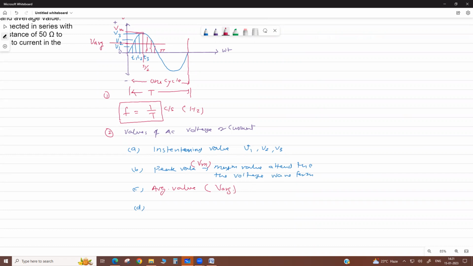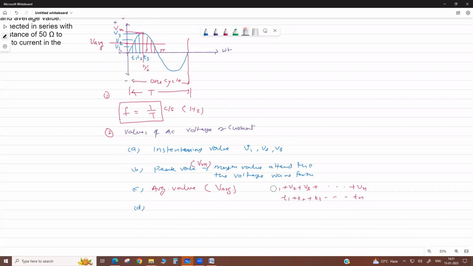So see how we calculate average. Suppose we add all the values, V1 plus V2 plus V3 plus up to Vn, then divide by T1 plus T2 plus T3 up to Tn. This is how we can calculate the average value.